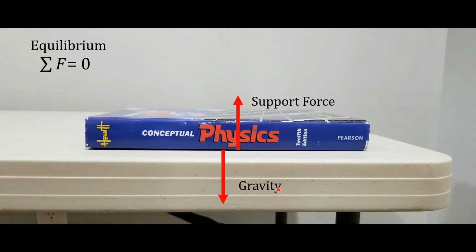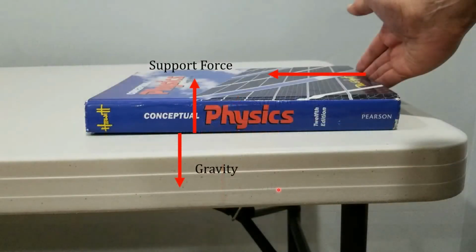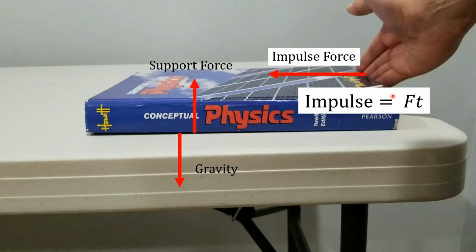Okay, well, when we do consider an impulse is like this example. Let's say the book was at rest and then I apply a horizontal force so that I start changing the motion of the book. In that case, because the force I'm applying is actually changing the motion, it's often called an impulse force. And then we could calculate the actual impulse, which is the force I'm applying multiplied by the time in which I'm applying it.